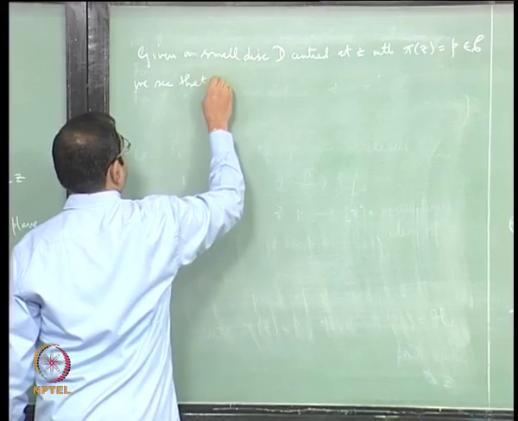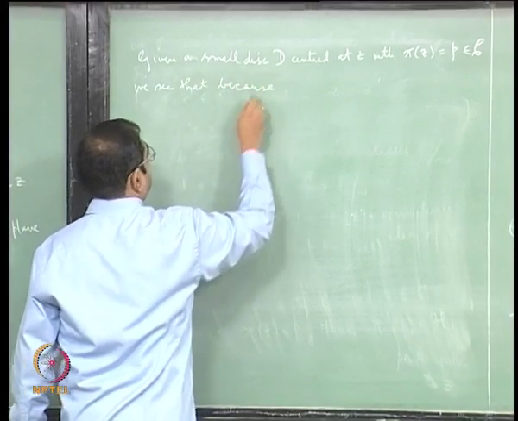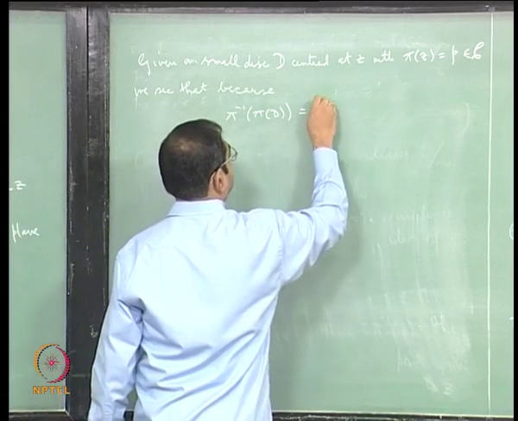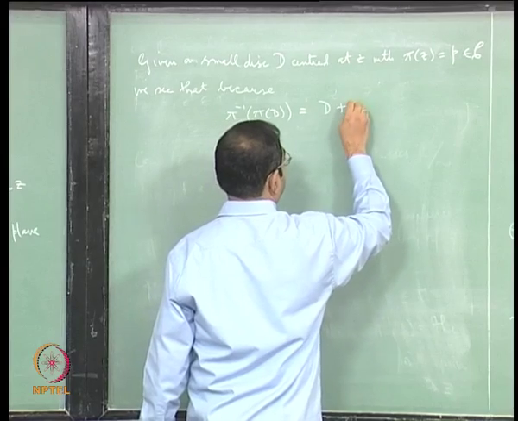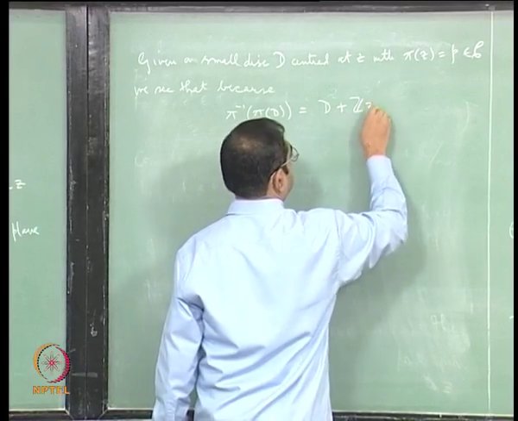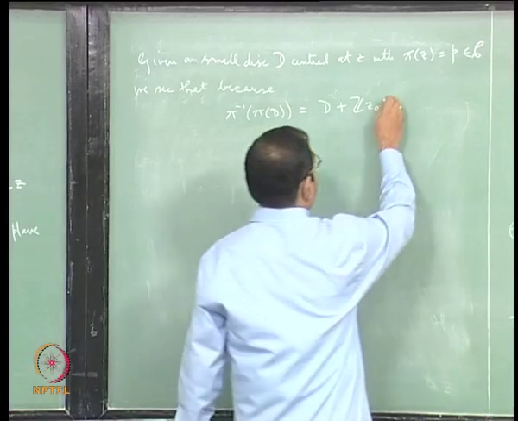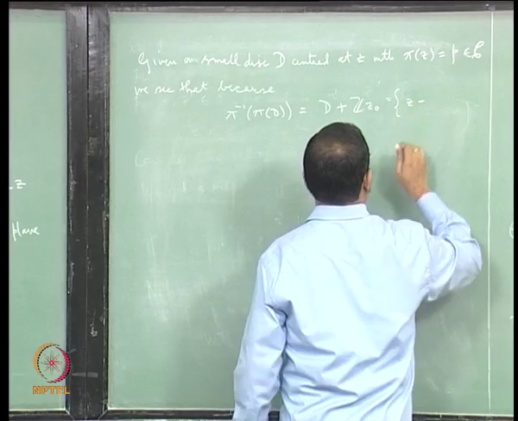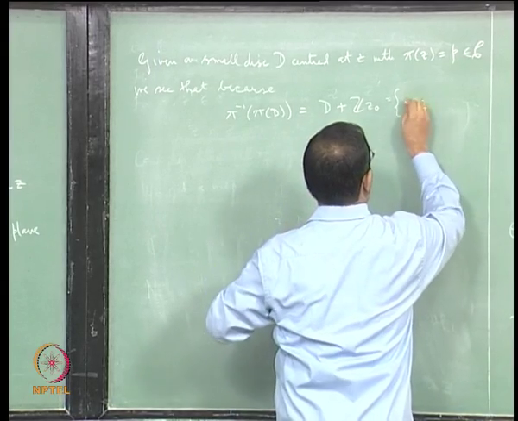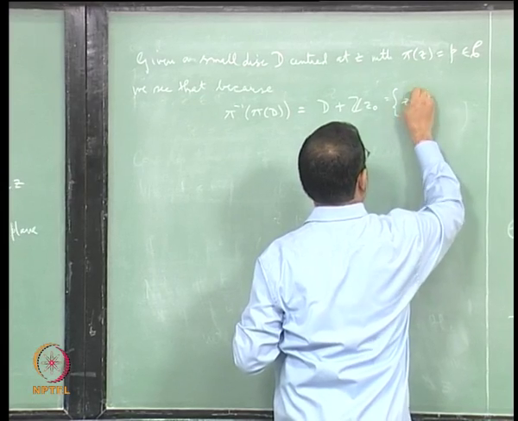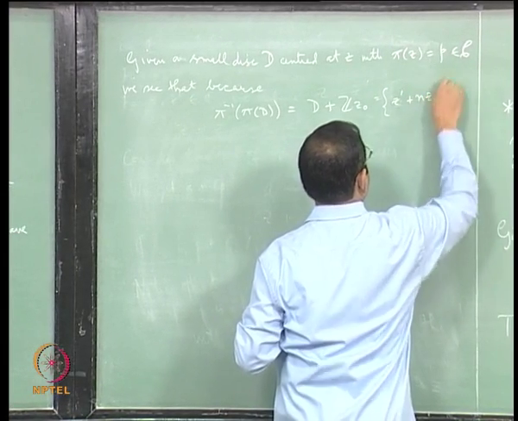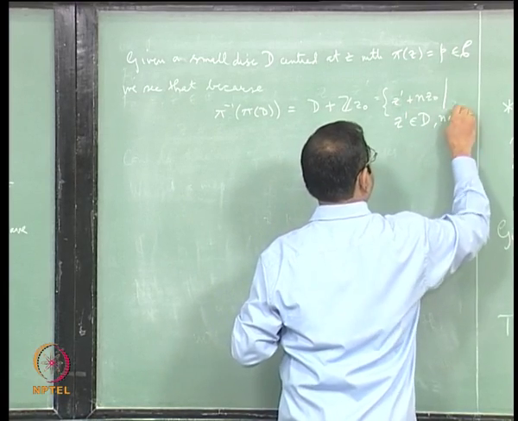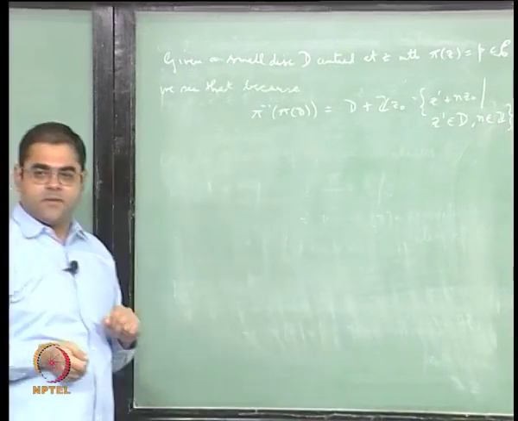we see that because pi inverse of pi of d is just d and all of its translates, okay, this is a set of all z prime plus n z naught, where z prime is an element of d and n is an integer, okay.